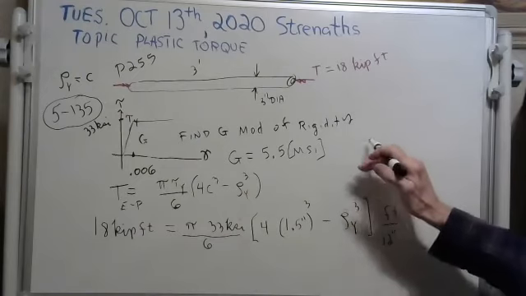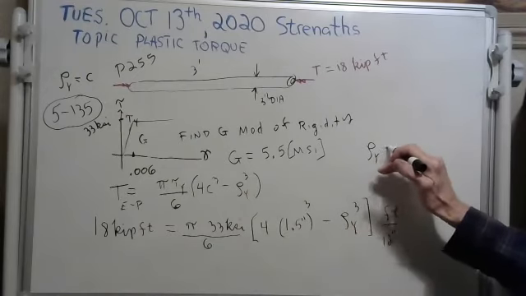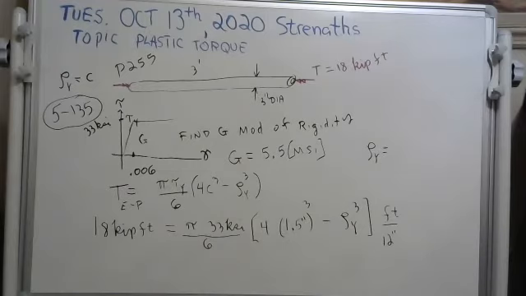What we're solving for is this unknown, this radius of the elastic core. It really helps to have that 12 there.